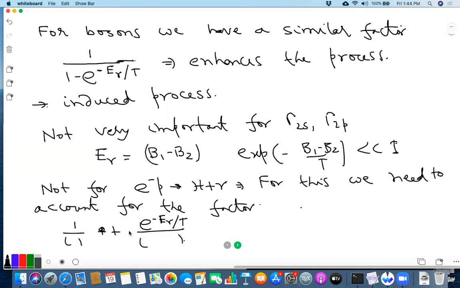Anyway, one has to work this out correctly. This is the factor, but it's roughly this ratio. That is coming in here. So that's this enhancement factor.